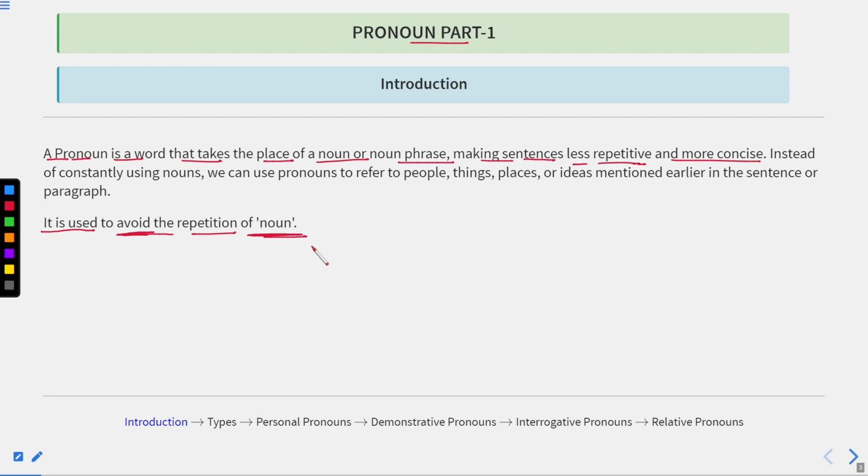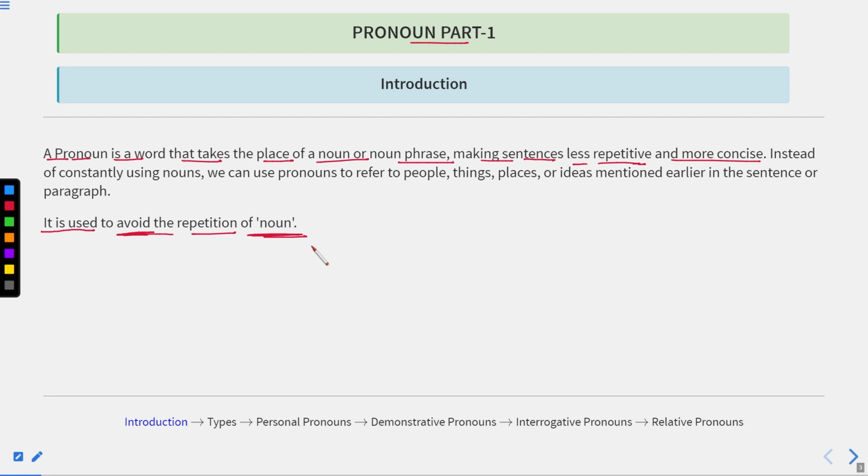Okay, so in this paragraph, you must have noticed that I have used this word Ravi again and again, which really looks or sounds very messy. Okay, so just to avoid this repetition of noun again and again in a sentence, we need to write pronoun. We need to replace that noun with the help of a pronoun, and that will really make the sentence or the paragraph more comprehensible, or you can say it will be pleasant to hear.